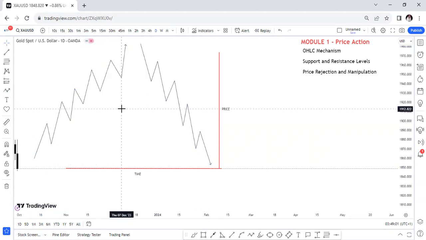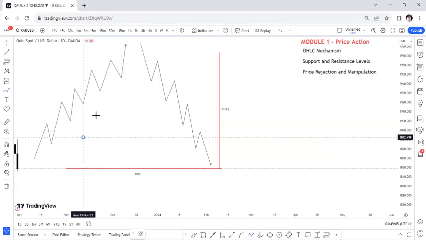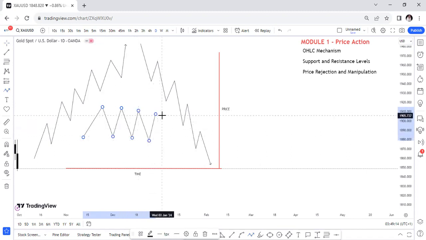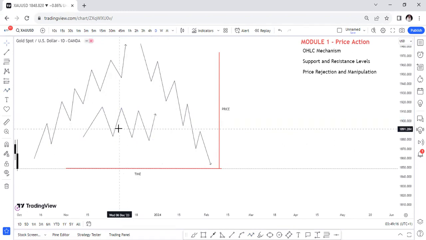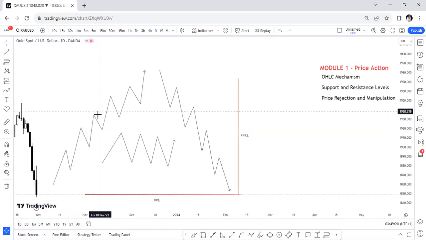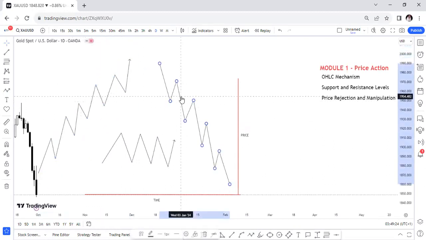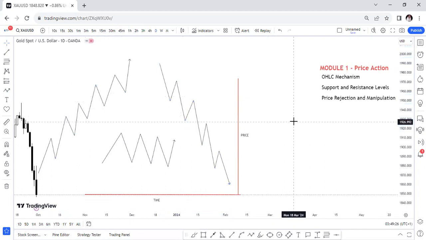Then we have the other trend, the sideways, which is the normal range. We call it range. So this is price action.